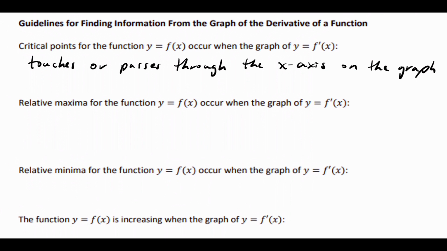Okay, so how did we know that there was a relative maximum at -4 and a relative minimum at 0? How did we know that?